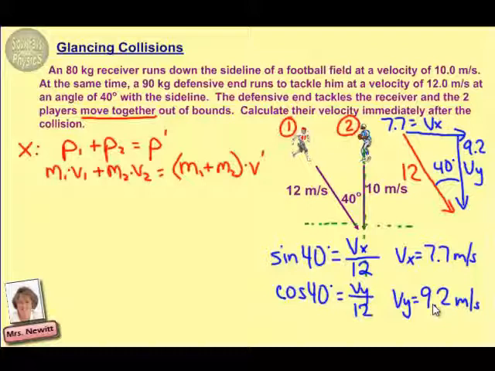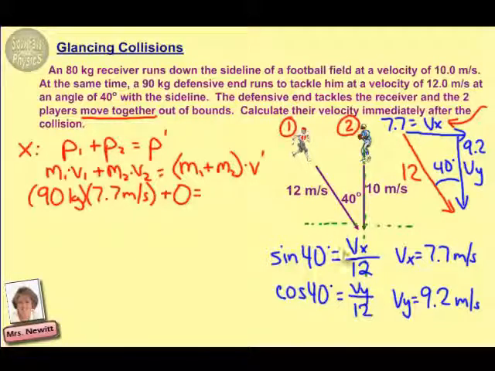Object 1 has a mass of 90 kilograms. In the x direction, he has a velocity of 7.7 meters per second, which was the velocity that we just calculated. In the x direction, object number 2 has 0 momentum.